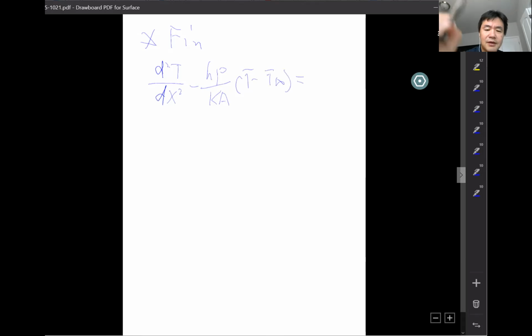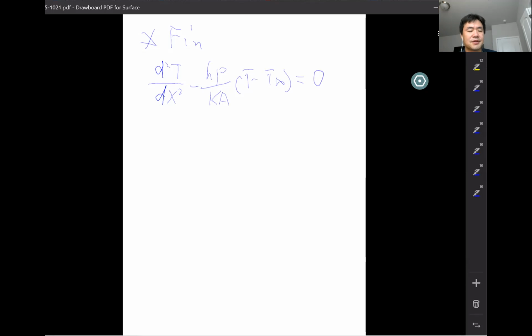This is the simplified equation for the fin problem. This is not a solution; obviously, it's a differential equation. You don't need to worry about how to solve it. I'm going to tell you the solutions to be used in different situations, but I have to introduce the equation for you first.